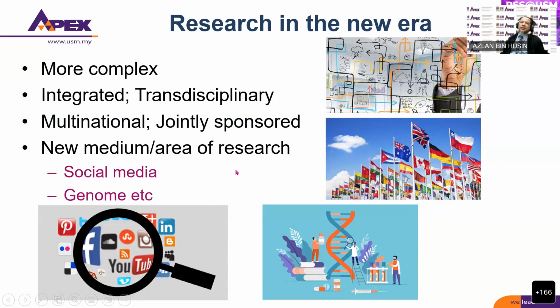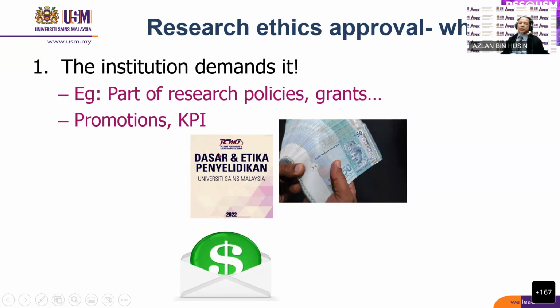And recently there are increasing activities of research using social media as a platform, as a tool sometimes, and also genomic research. So this situation has added more complexity to research that is coming to universities and even in many sectors as well. So why do we need ethics approval?